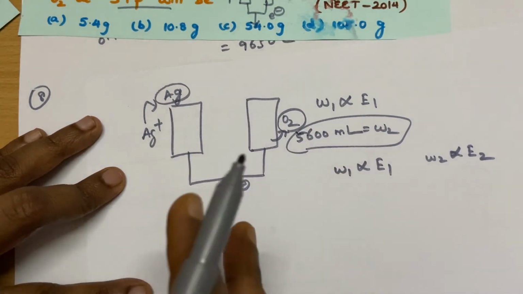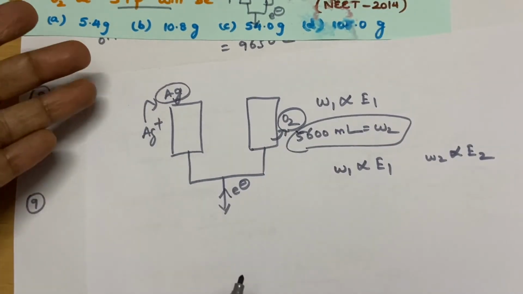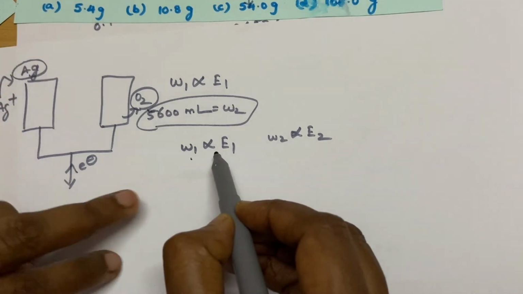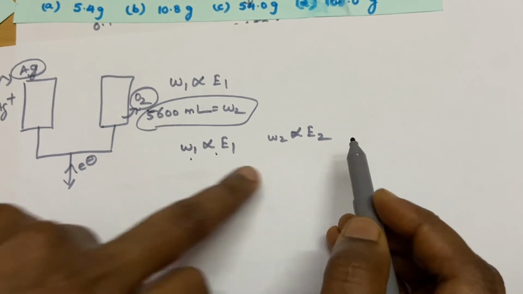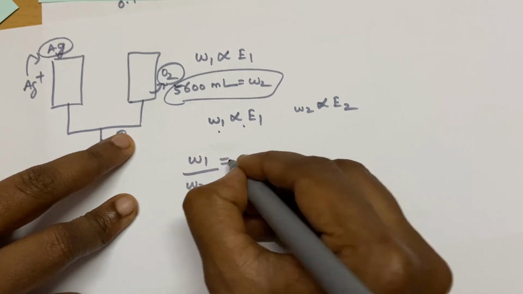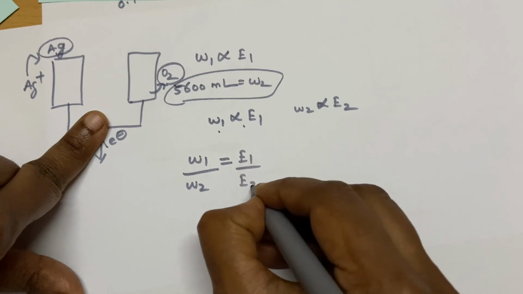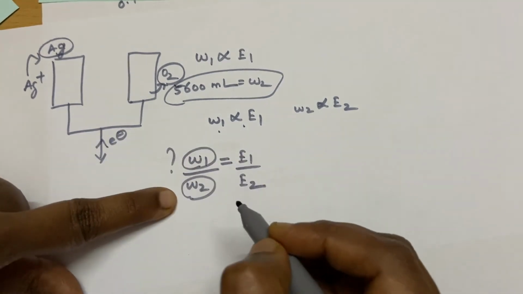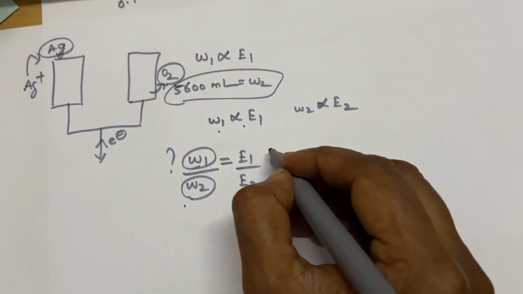This is very simple, but they have given you a twist. Don't worry if you know Avogadro's law. The weight of silver displaced is proportional to its equivalent mass, and the weight of oxygen displaced is proportional to its equivalent mass. Combining, I can write W1 by W2 is equal to E1 by E2, as the proportionality constant cancels out. What is E1?